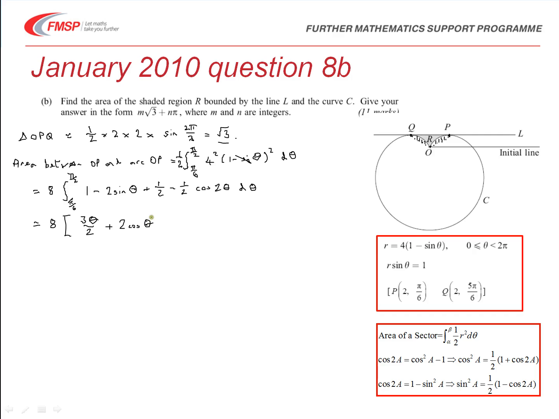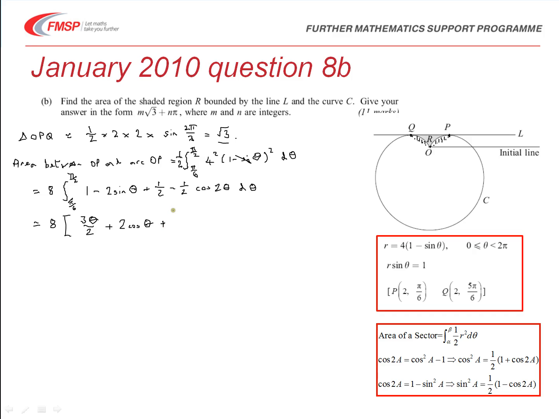And then the integral of minus cos 2 theta will be minus sine 2 theta over 2, but we've also got the half there, so this will become minus a quarter. Hang on, the sine differentiated is positive, so we've got to change the sign on this, haven't we?